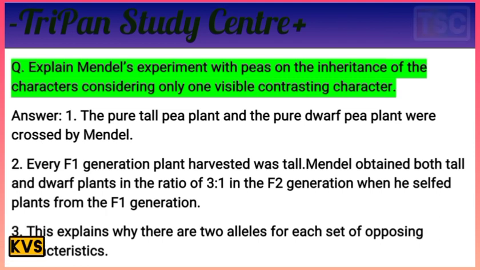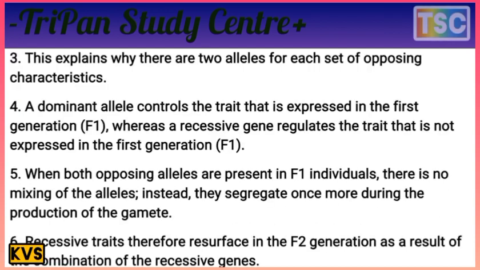Mendel obtained both tall and dwarf plants in the ratio of 3:1 in the F2 generation when he self-pollinated plants from the F1 generation. This explains why there are two alleles for each set of opposing characteristics.